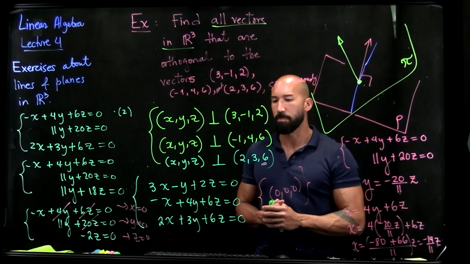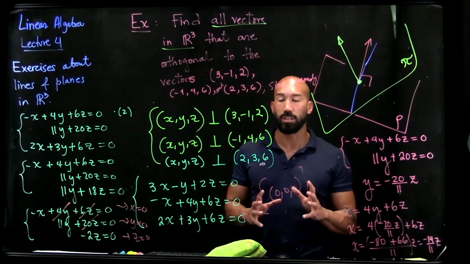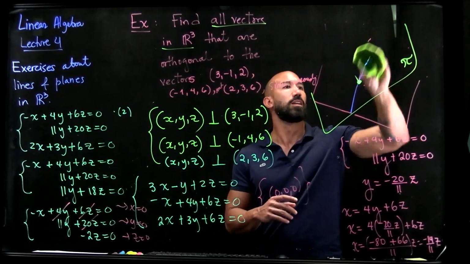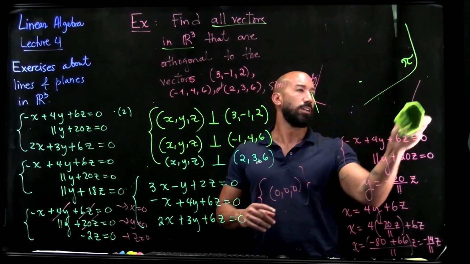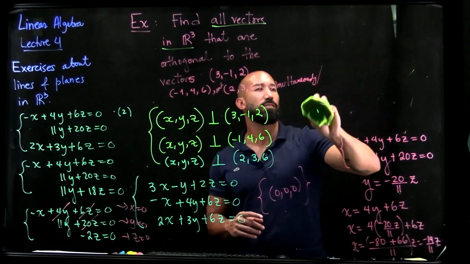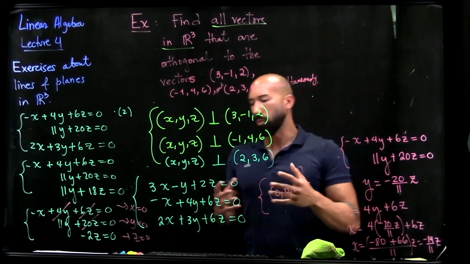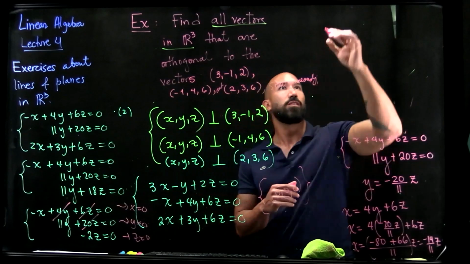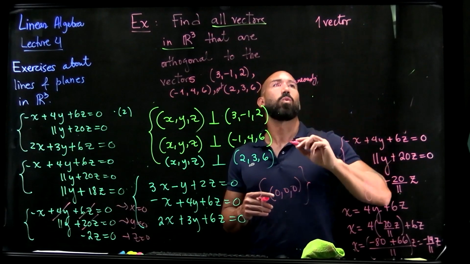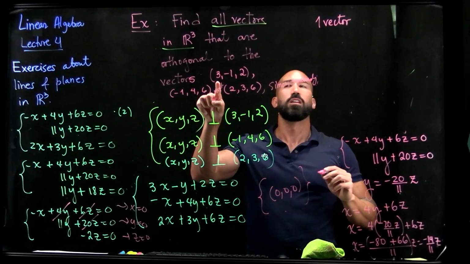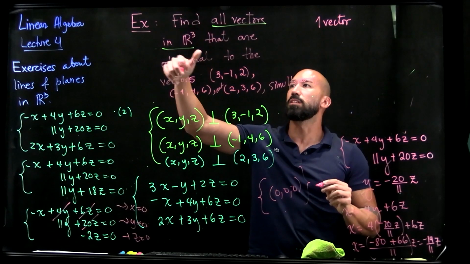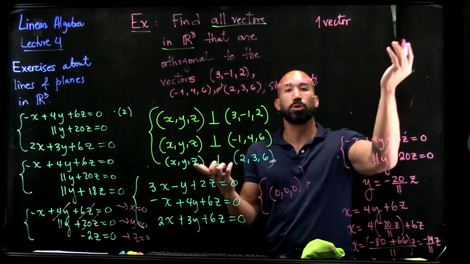Is that okay? So, notice the following. If we think a little bit, I want to make emphasis on the following idea. If I give you one vector here, the dimension of the linear object that is solution to this problem was a plane.